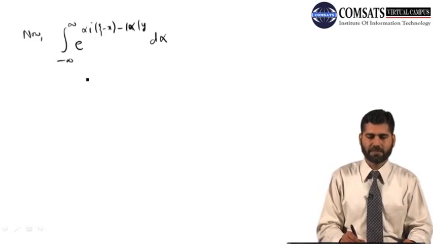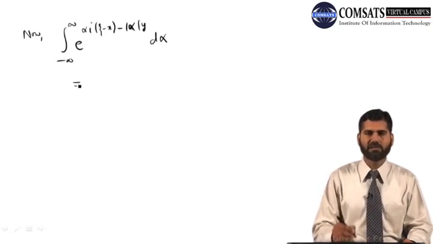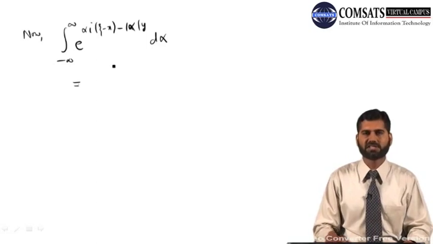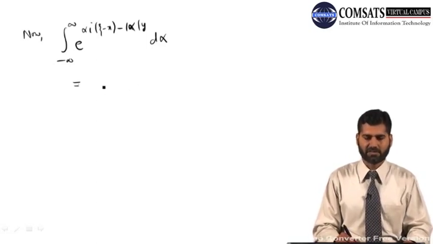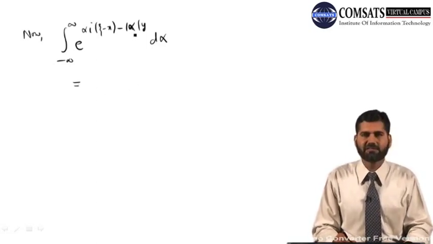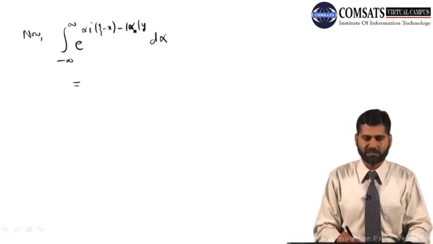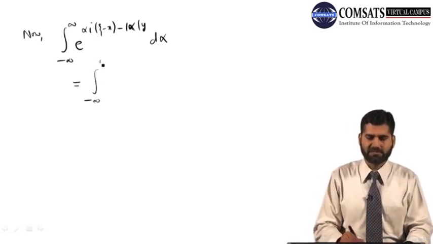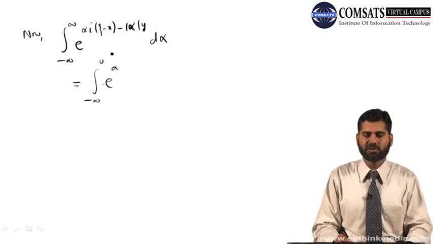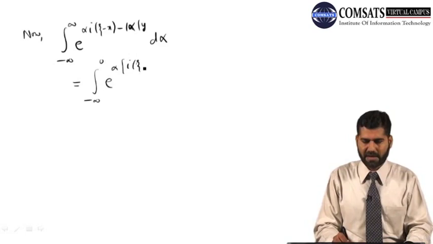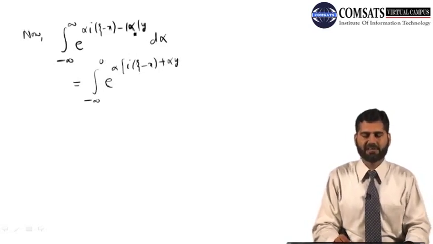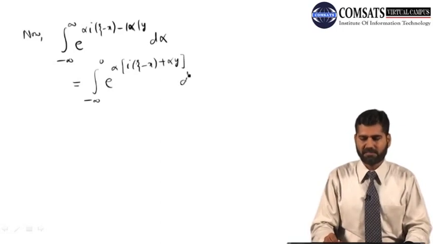Let's consider this one, and then we will replace the simplified value of this integration in our star, in our solution. Because alpha takes different values, positive and negative, we can split our integration from minus infinity to 0. So from minus infinity to 0, this will be minus alpha. So I will get iota times xi minus x plus alpha y, because alpha is negative, so this will become plus alpha, d alpha.